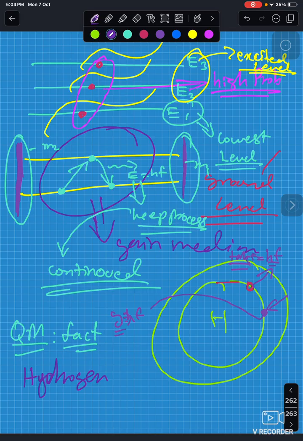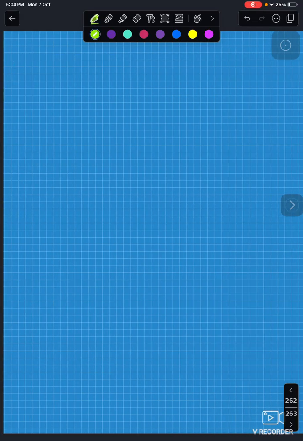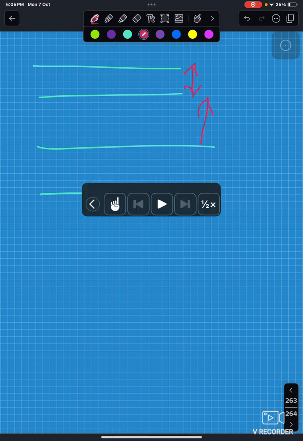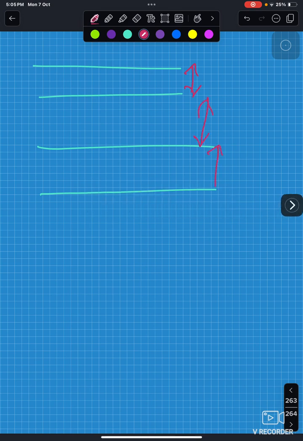And there's something known as hydrogen spectra, and that hydrogen spectra, if I draw it in terms of energy level, you might have noticed something here. Not only hydrogen, it can be many other, but I'll take hydrogen as the main common one.